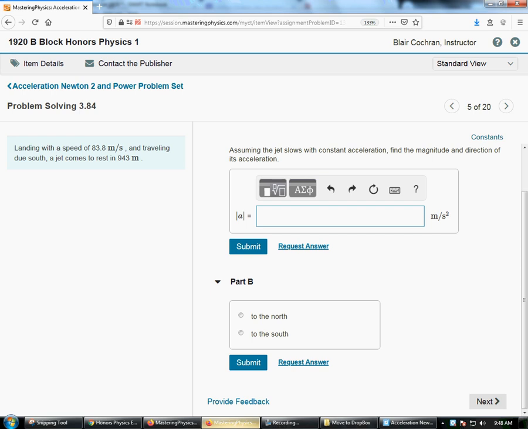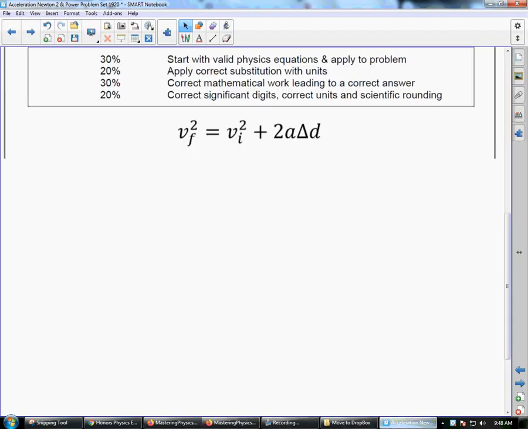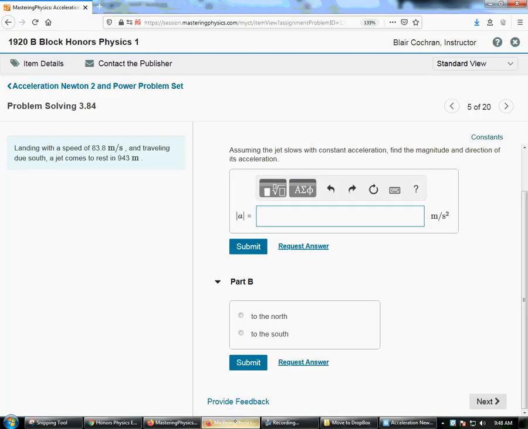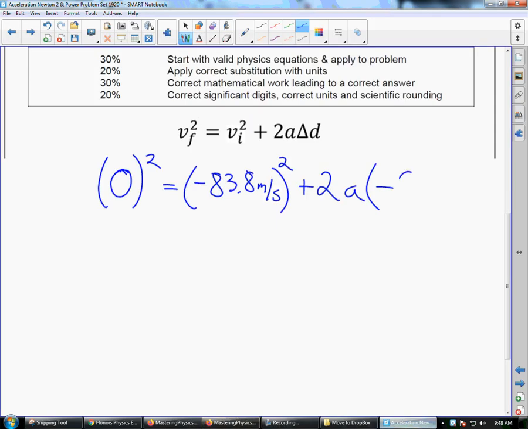So we're calling to the north positive, and so my V final is 0, that would be squared. My V initial is negative 83.8 meters per second, squared, plus 2, I don't know A, but this is negative, and of course I forgot what my number was, 943 meters.